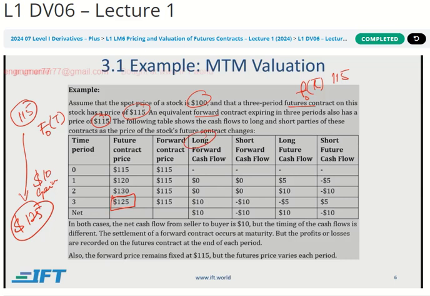Whether it is a long forward or a long future, both parties are eventually going to have a $10 gain, right? But the difference is, how do we get there? As you can see, in the case of a forward, there is nothing in the middle. At the end of the period, which is the end of the contract expiration, the $10 gain is there.